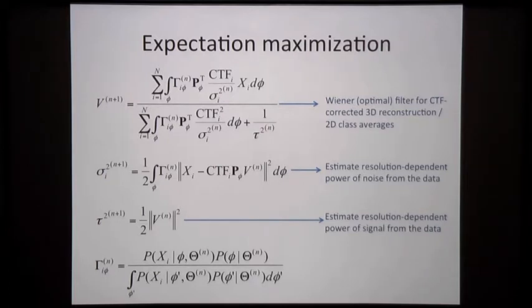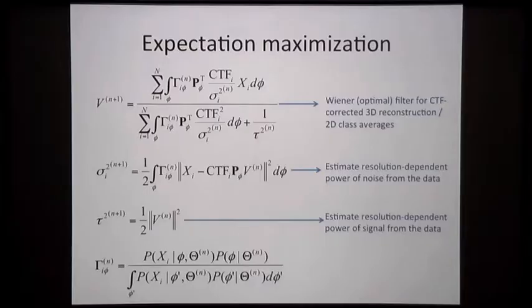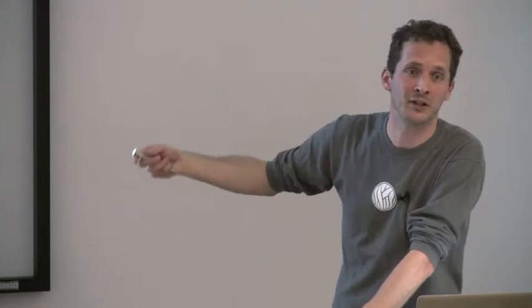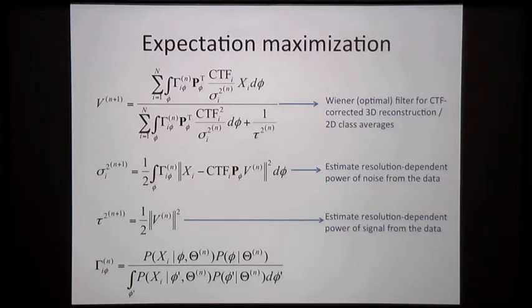Also, because of this prior that we had, that we said that the power has to be limited, we have some additive term here, and what that does, I won't go into detail again, but it will actually low-pass filter your map. And it will do so based on two estimates it makes. By taking derivatives towards sigma, which was the standard deviation in the noise of your images as a function of spatial frequency, it will calculate these resolution-dependent power spectra of the noise from the data themselves, compare them with the power spectrum of the signal that you're actually reconstructing, and combine all that into something that not only corrects for CTF, but also low-pass filters your images in an optimal manner.